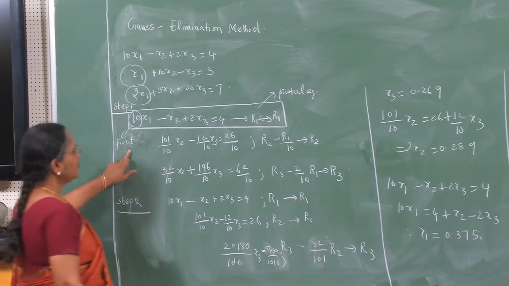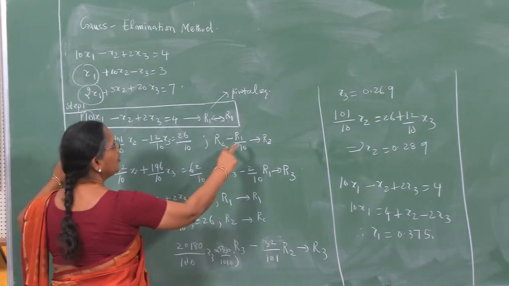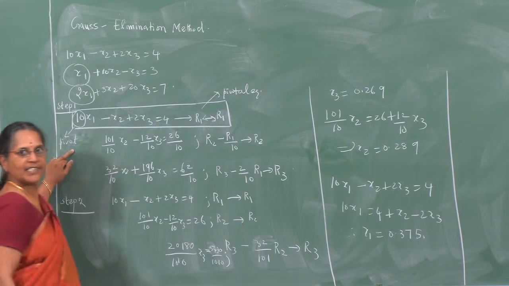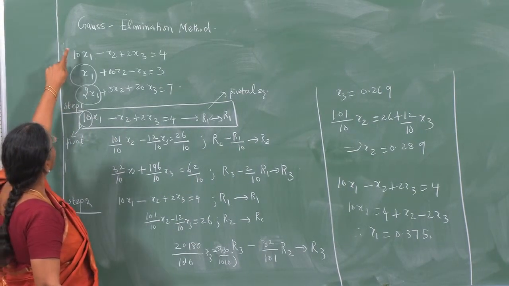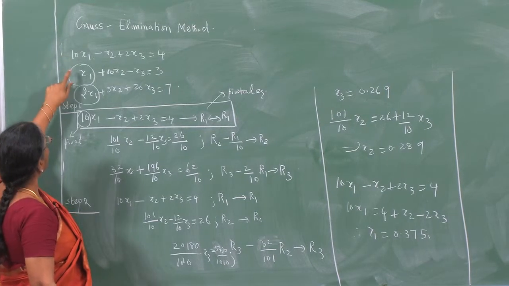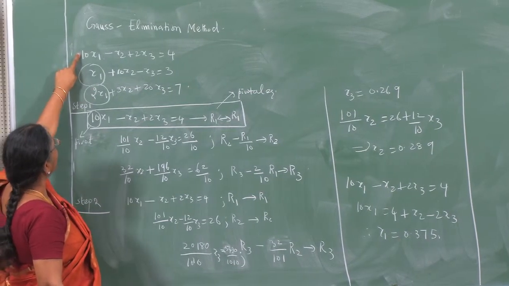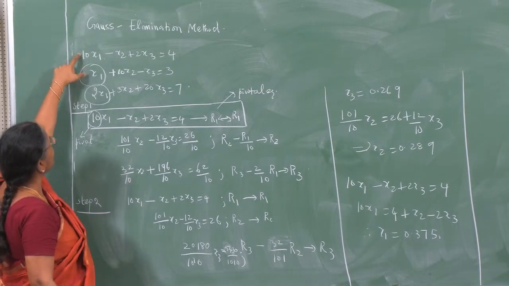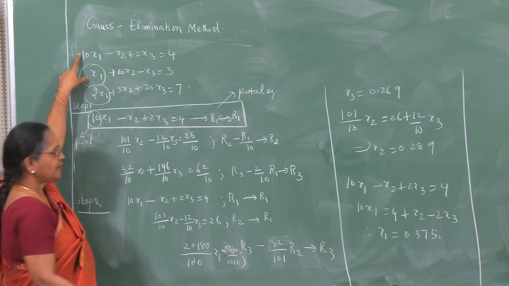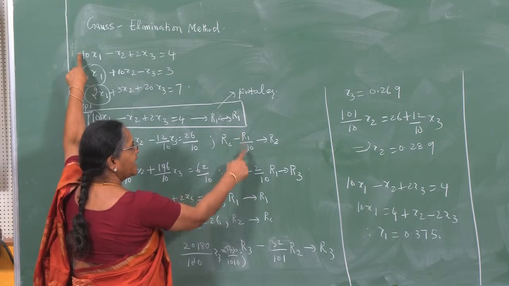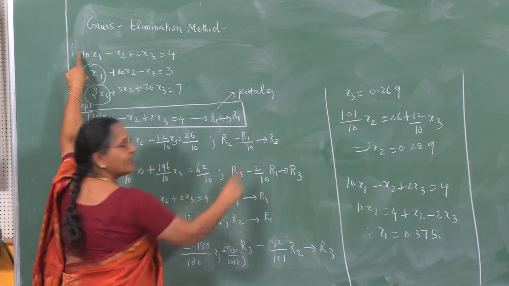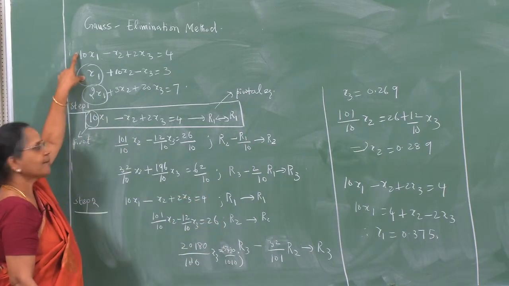So, I take my new second equation to be as follows, namely I multiply the first equation by 1 by 10 and subtract it from the second equation. So, my old R2 minus 1 by 10 R1 will give me the new second equation.